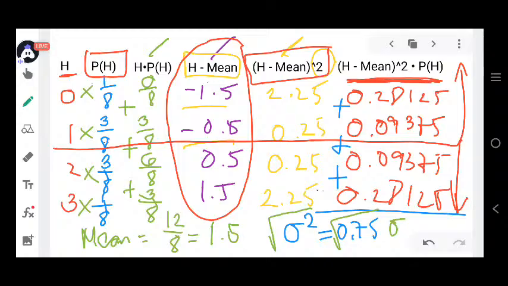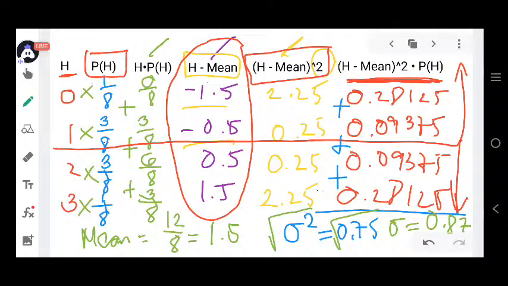The square root of 0.75 is equivalent to 0.86602540378, but you'll just take two decimal places. So the answer is 0.87. And that's it. If you have any questions, you may comment below.